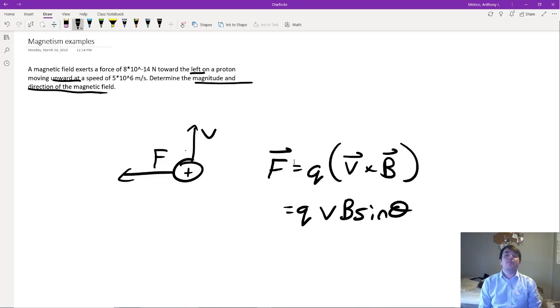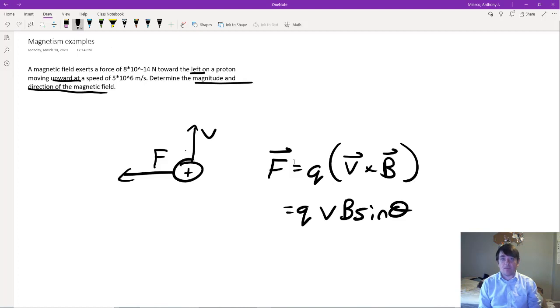If you have the velocity moving up, so that's in the y-axis, okay, and you have the force moving left and right, that means that your magnetic field is going to be on the z-axis, basically on the in and out of the page. So the B will either be in or out.